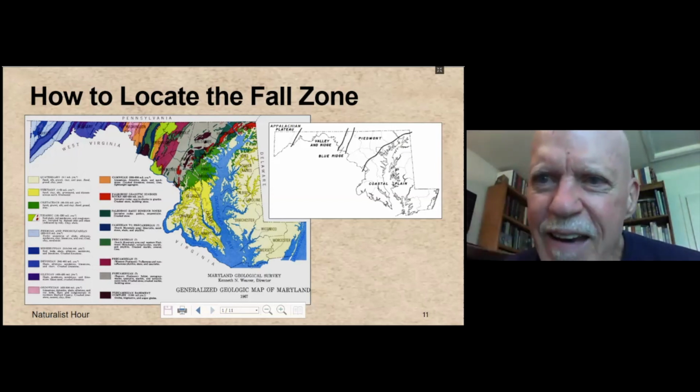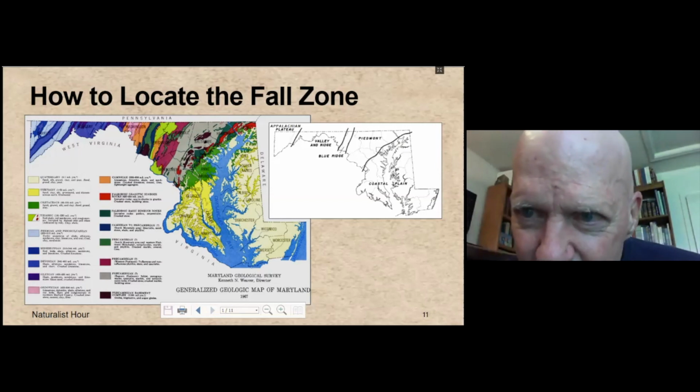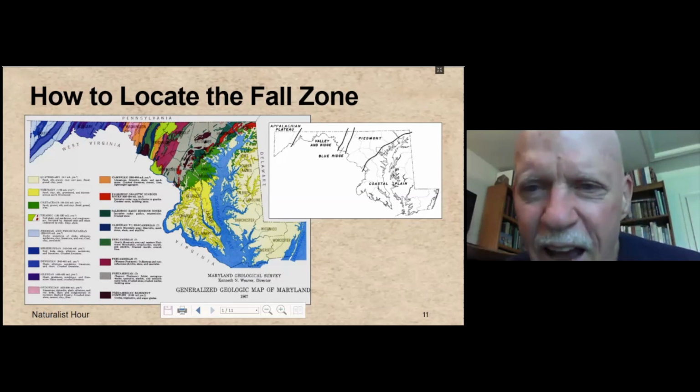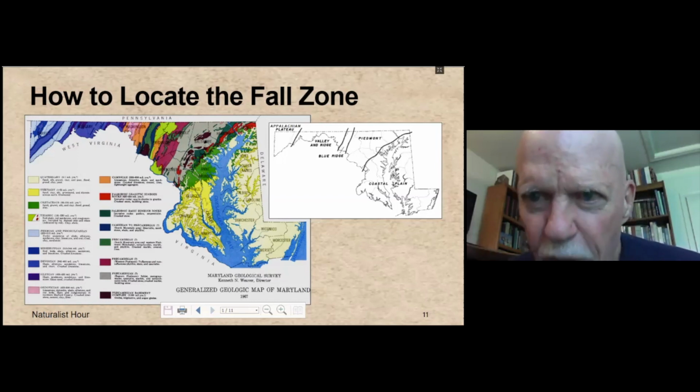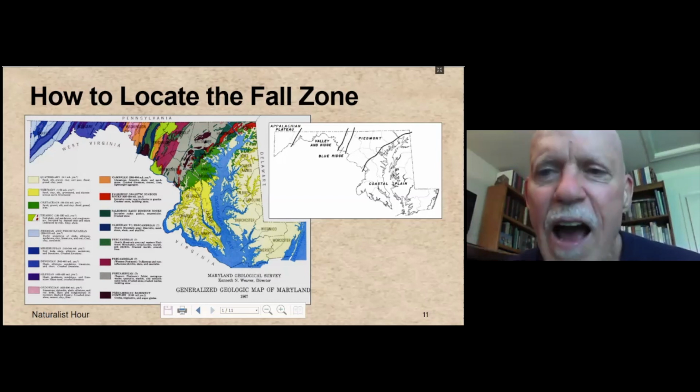You obviously could say, well, my house is here, so I must be on the coastal plain. But when I go up to Bel Air, apparently I cross through the fall zone. And you can say similar things about all the locations along that line.